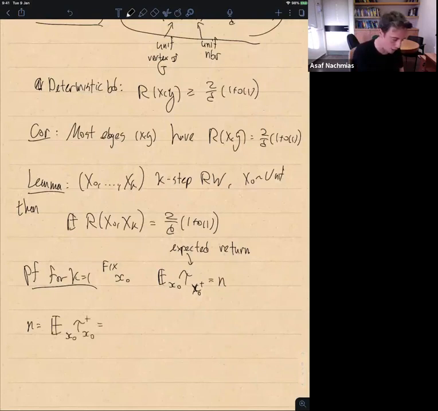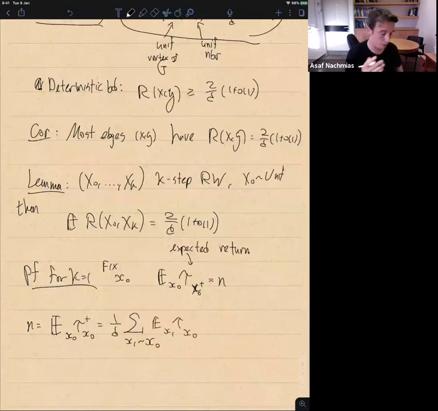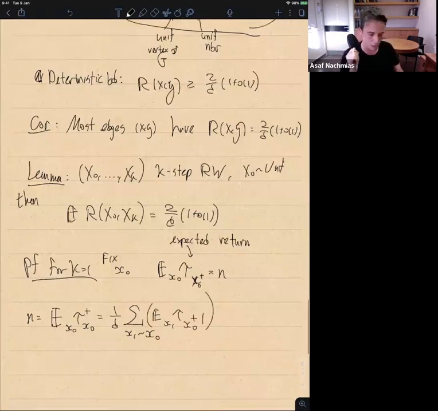So this is 1 over d, going over all of the neighbors of x0 and asking what is the expectation when I start from x1, how long it takes me from a random neighbor to return to the origin. And of course, I have to add 1 because I just took one step from x0 to x1.